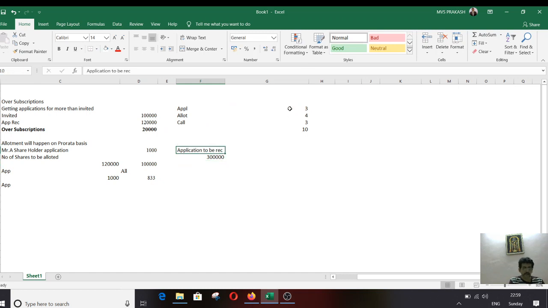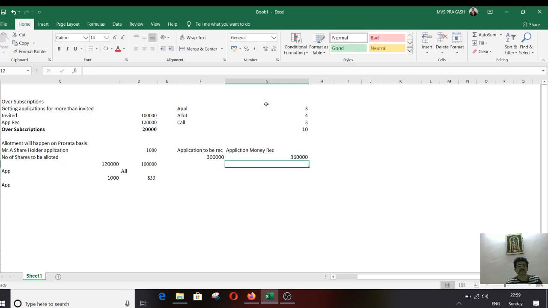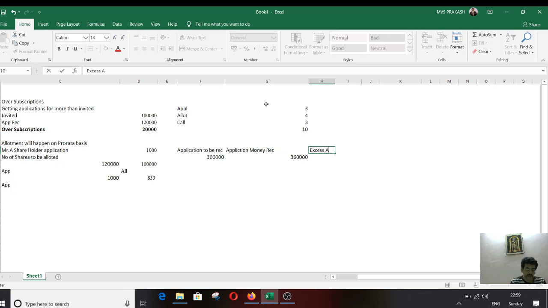But what happened? Application money received. You have received the application money on 1,20,000 shares into 3, which is 3,60,000. So ultimately, what is this called? Excess application. What I need to do? Adjust against what?